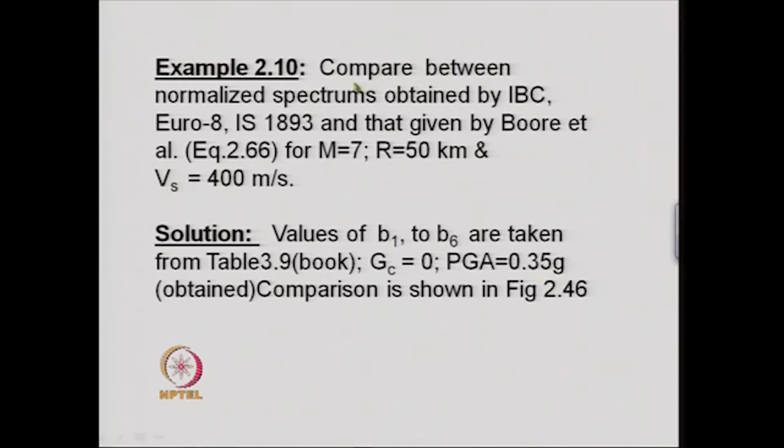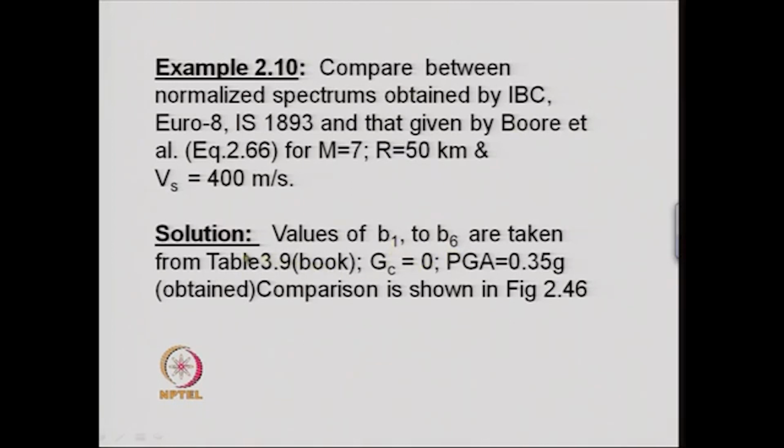Then we compared the normalized spectrums obtained by IBC, Euro 8, IS 1893 and that given by Boore et al. Here the response spectrums were normalized of course with the PGA value. The shape of these response spectrums were obtained for the various constants given in Boore's equation, like B1 to B6.